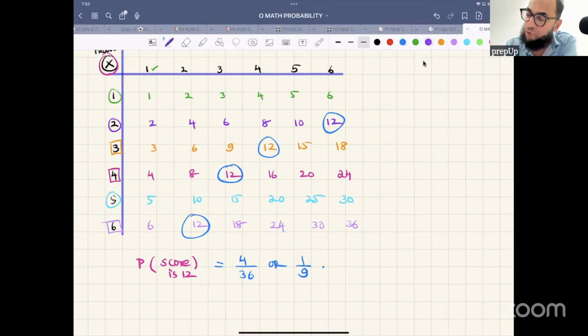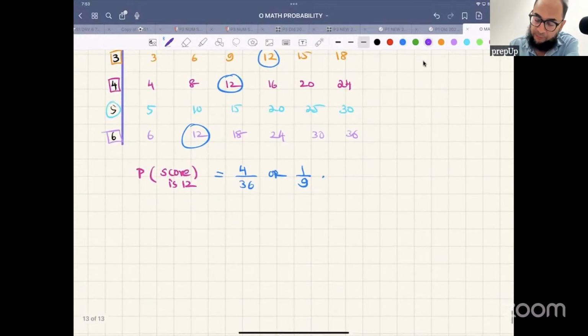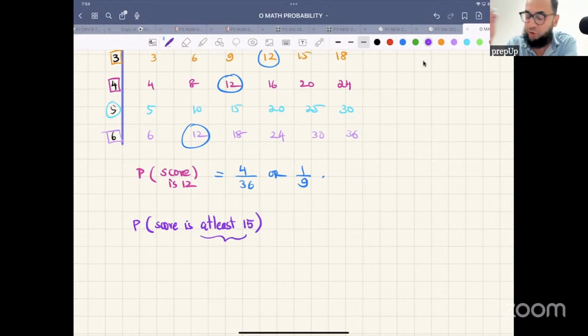Similarly, if you ask me what is the probability that the score is at least 15. Now the word at least means it could be 15, it could be more than 15. So that means probability more than or equal to 15.